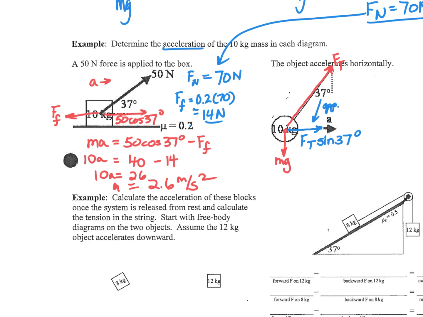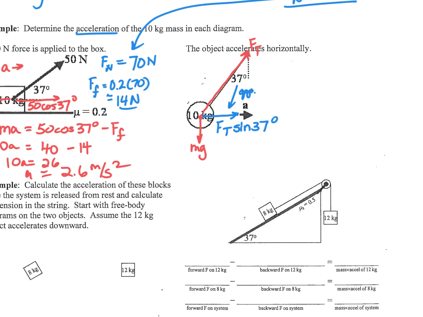So we know that MA, since this is the only horizontal piece of this, has to be equal to the force of tension times the sine of 37 degrees.